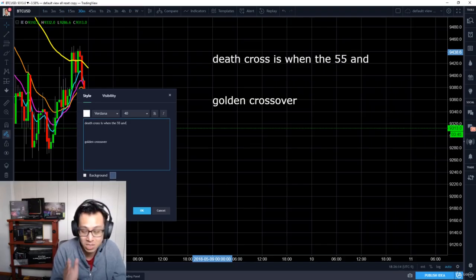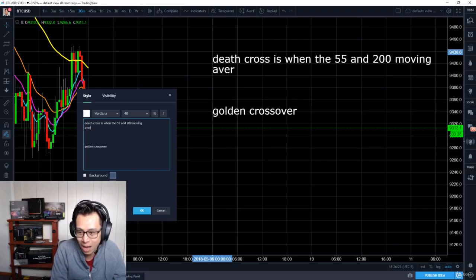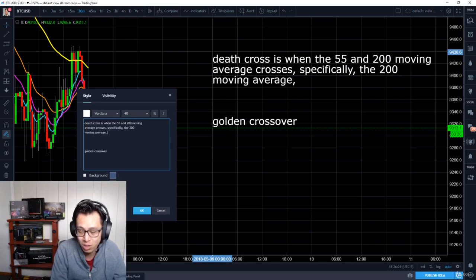Now keep in mind, when I say 55, I'm really referring to 50, okay? I personally use 55. It is when the 55 and 200 moving average crosses. Specifically, the 200 moving average moves above, okay, above the 55.